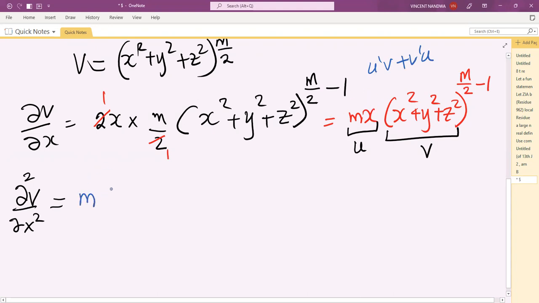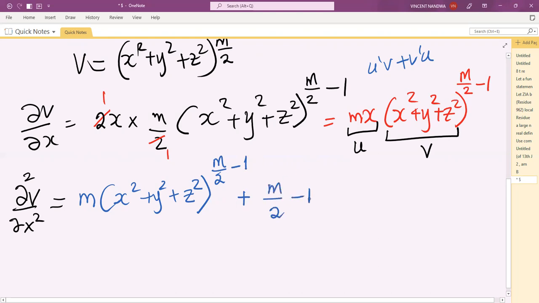So we'll have m into x squared plus y squared plus z squared raised to the power m over 2 minus 1, and then plus this part differentiated will have m over 2 minus 1.